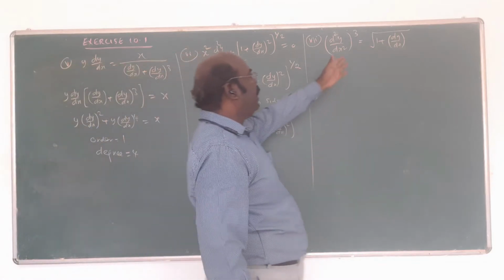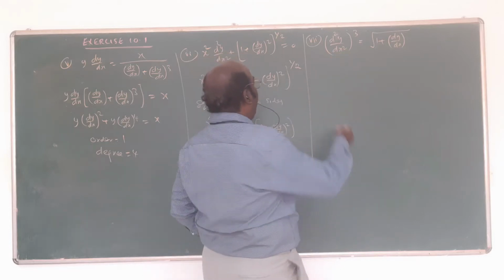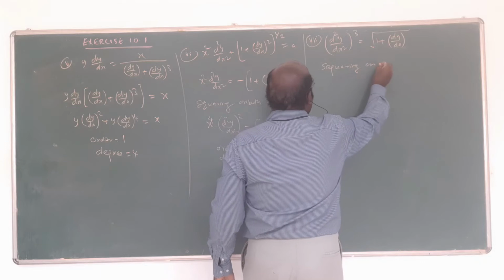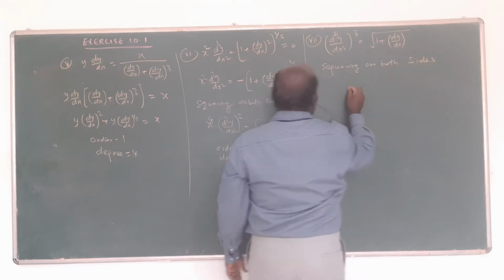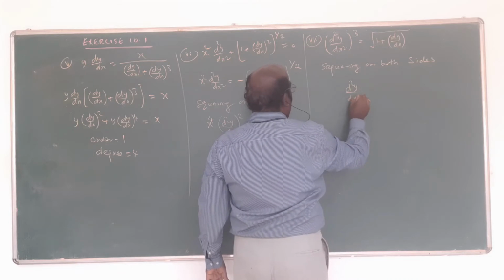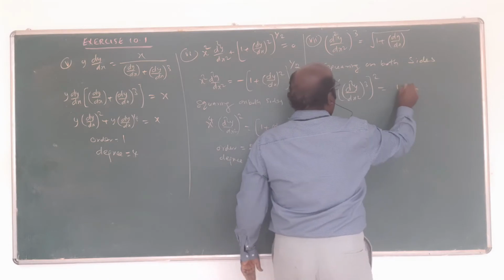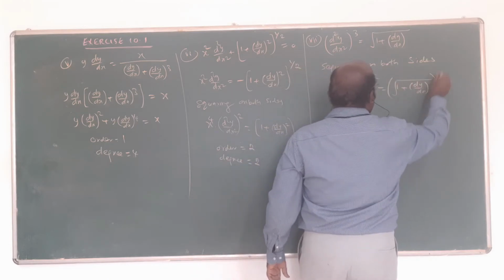Here also the root is similar. We don't have a square root; the root is what? Whole power half. So square on both sides. Here d square y by dx square whole power 3 whole square. Here 1 plus dy by dx whole square root whole square.